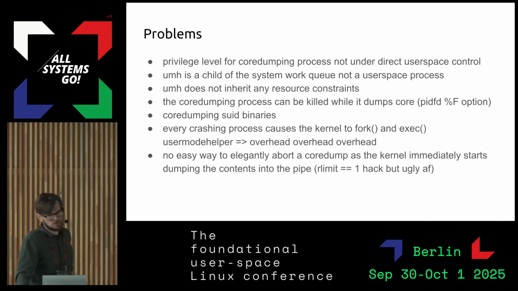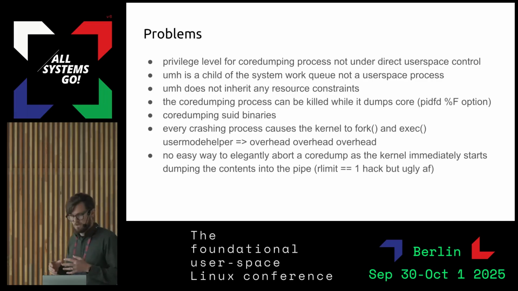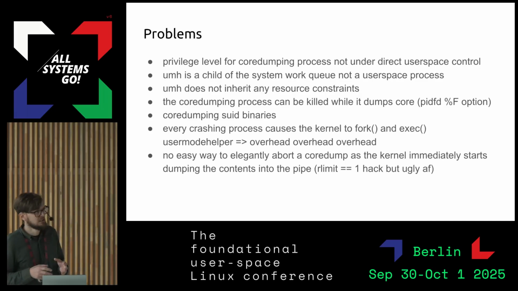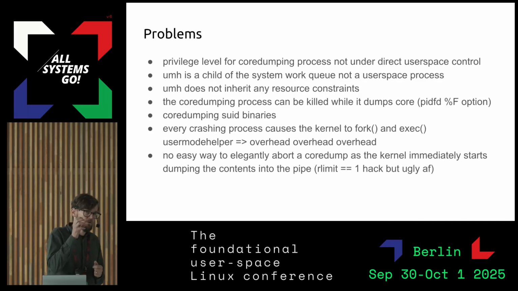into the pipe. So this is probably what I should have said earlier, but essentially the usermode helper is just half of the story. What the kernel does is fork systemd-coredump as a usermode helper, and then it hands it the read side of a pipe at a fixed location, standard input in this case, for systemd-coredump.